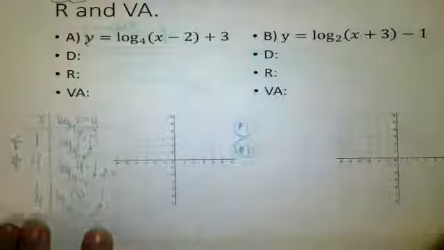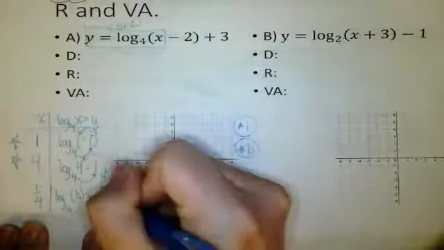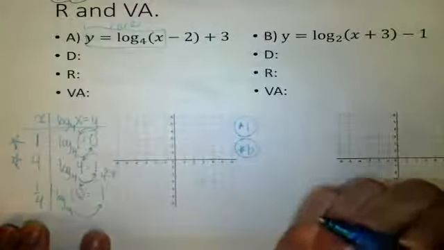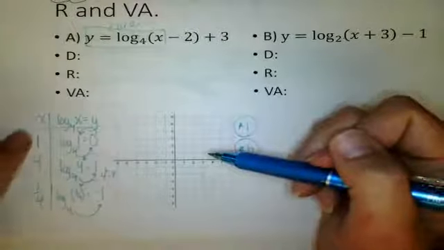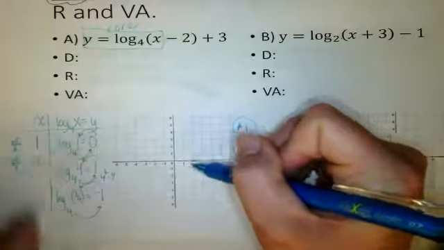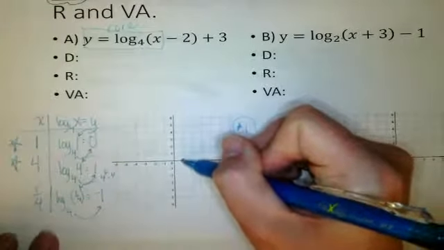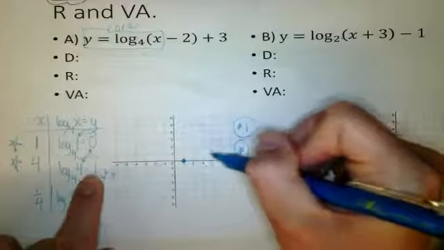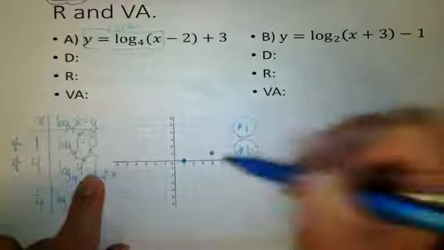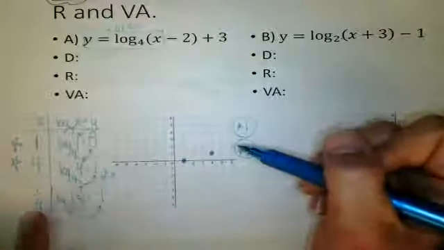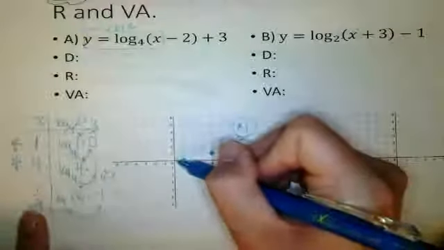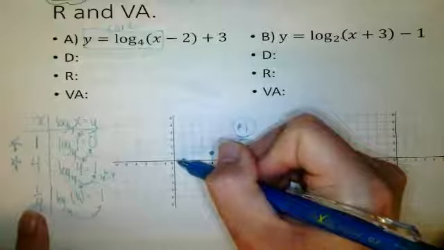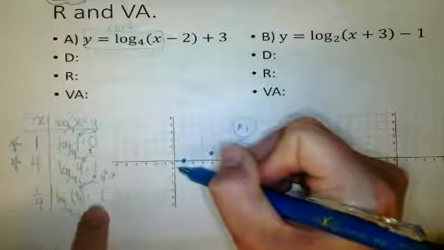Negative exponents create fractions, right? So 4 to the -1 equals 1/4. So what I have here, some easy points. (1, 0) is right here on my graph. (4, 1) is right there on my graph. And also 1/4, which is 0.25, just a little to the right of the origin, and -1.